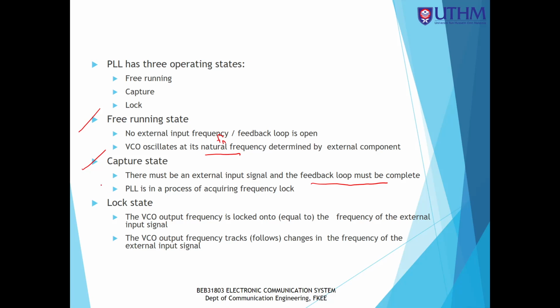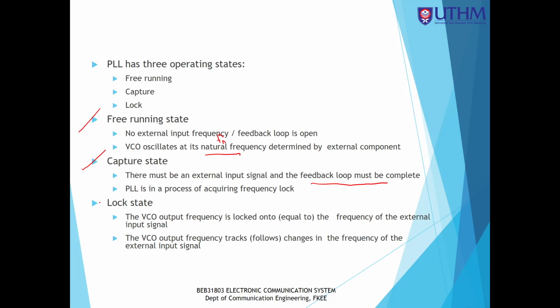PLL is in the phase of acquiring the phase lock. The system is trying to find the desired frequency. Not just a random frequency, it will find the desired frequency. So capture state is the process of finding the desired frequency.